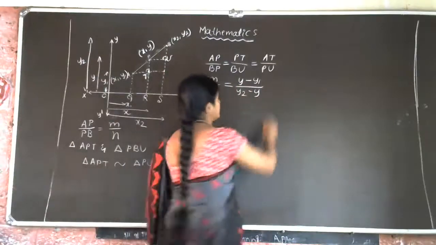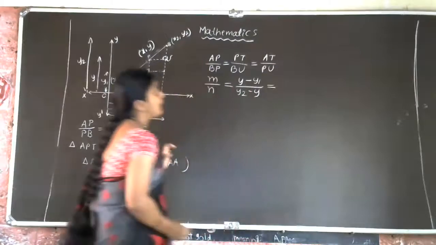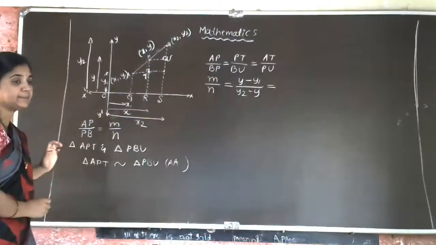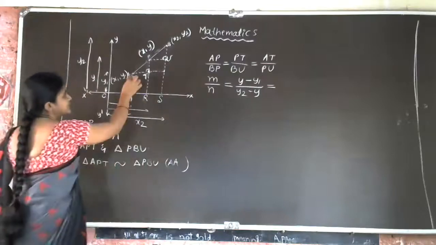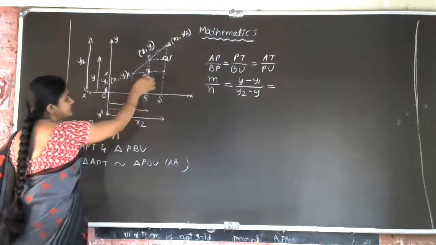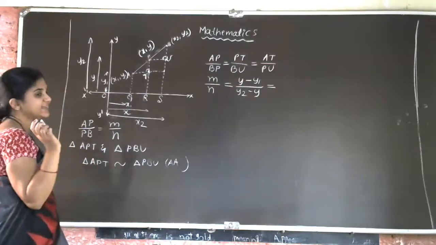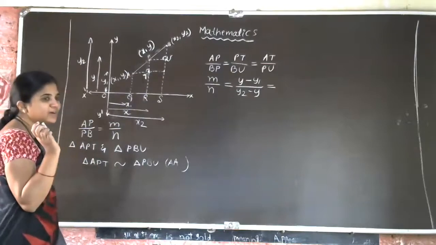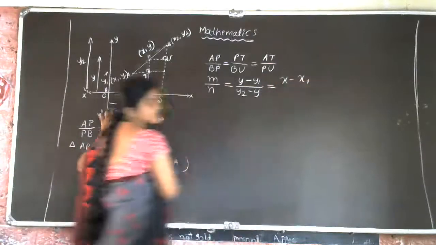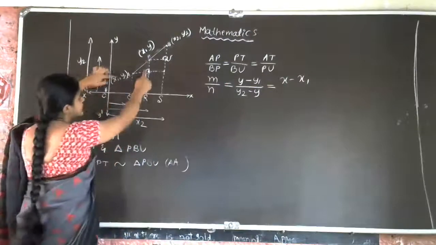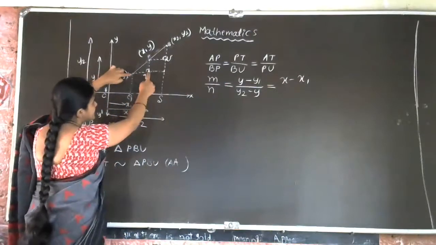Next, the AT term. Yes, Sumuk, that is AT. AT is X minus X1, very good. AT measurement is this much, no?